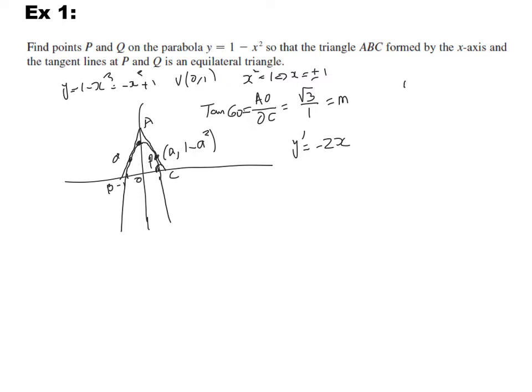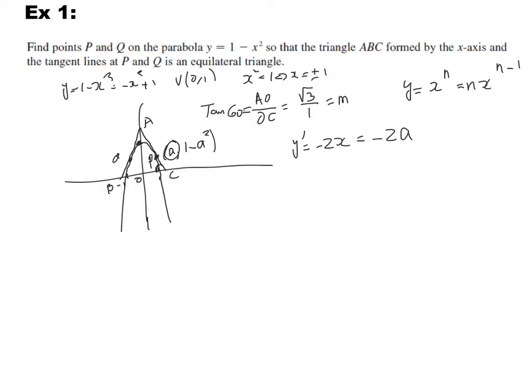Remember, we found that the derivative of a monomial function of the form x to the n is n times x to the n minus 1. Or we can use the difference quotient. Now the slope at point P, which has x value of a, is going to be equal to negative 2a.